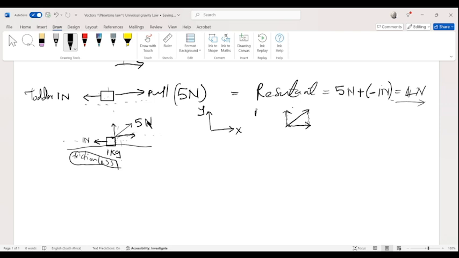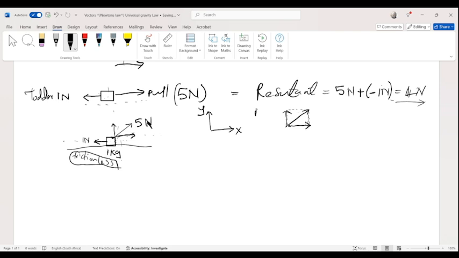Now what I'm doing is called projecting forces to the x and the y-axis. We are breaking down the applied force into components.